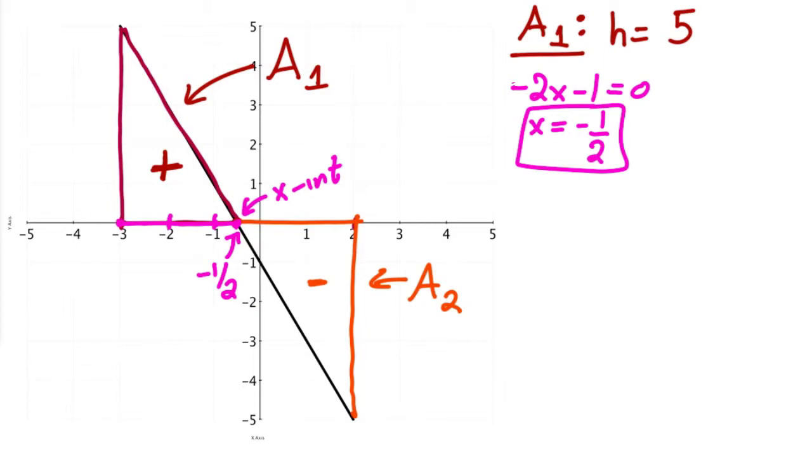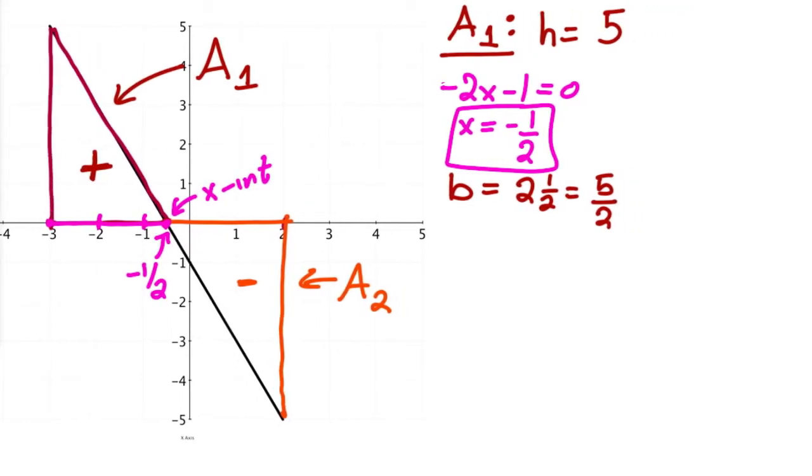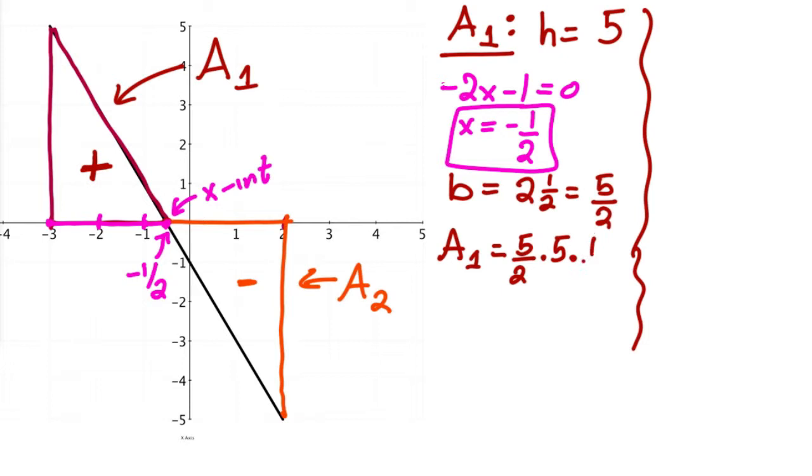So the base is equal to 2 and a half, or maybe I should write it as 5/2. So area 1 is equal to the base, 5/2, times the height, 5, times another 1/2. So this is 25/4, or 6 1/4.